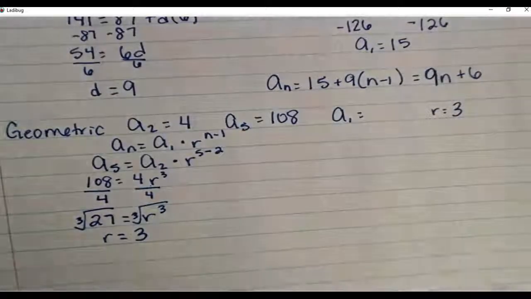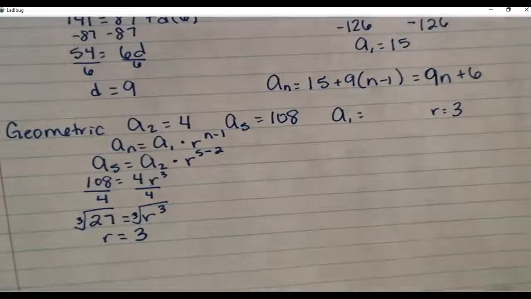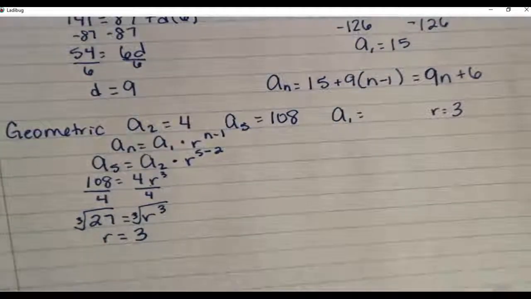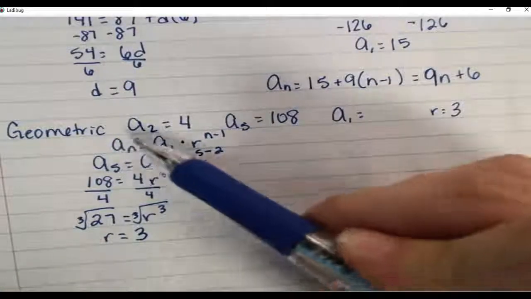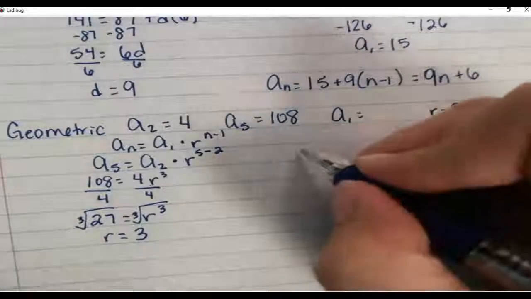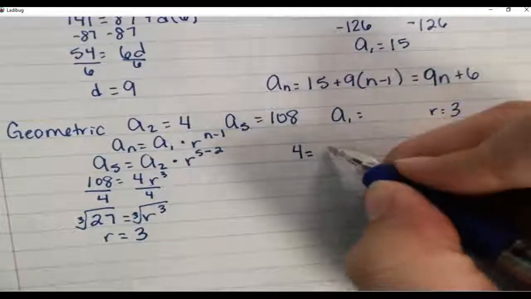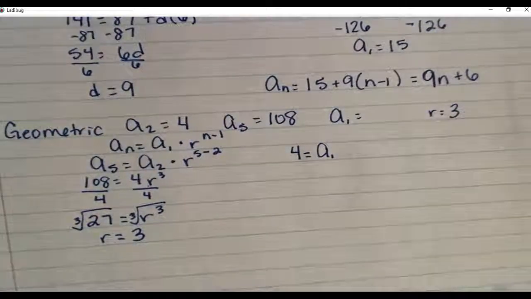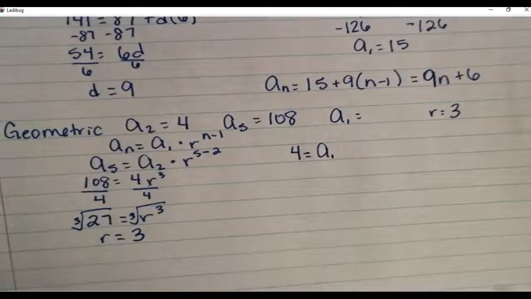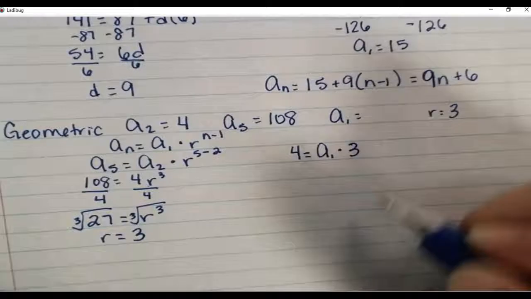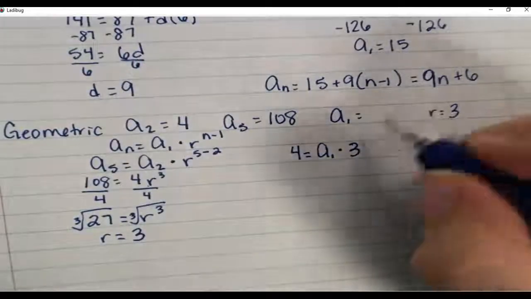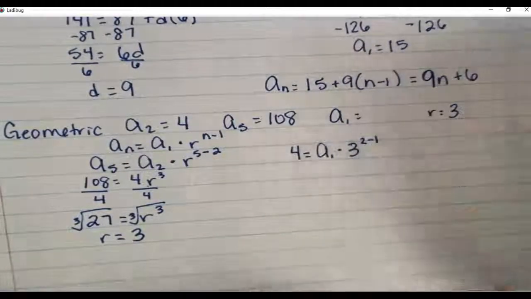So again, we can use the A2, we can use the A5, it don't matter. Either one will give us the same answer. Let's use the A2. So in this one, our An is our A2, which is 4. So 4 equals A1, that's what we're trying to find, we still don't know what that is, times, but now we know our ratio is 3, and then 4 is the second term, so 2 minus 1.